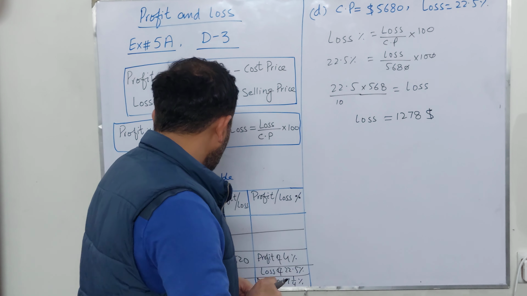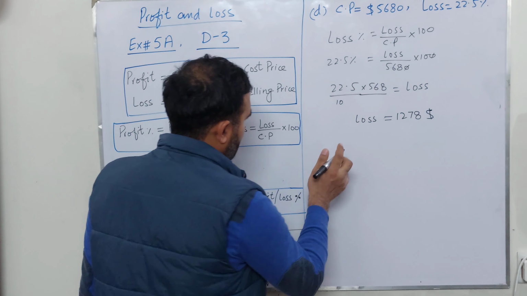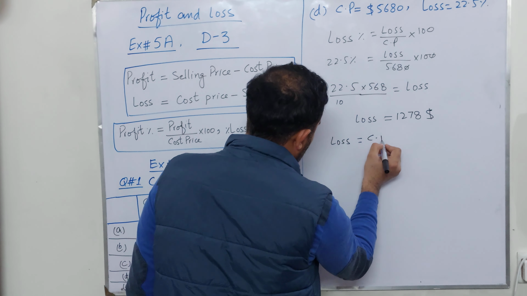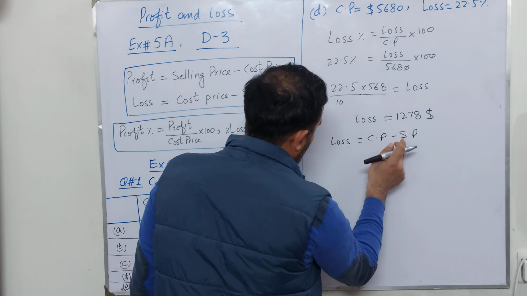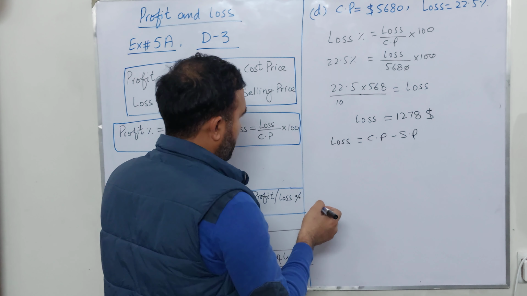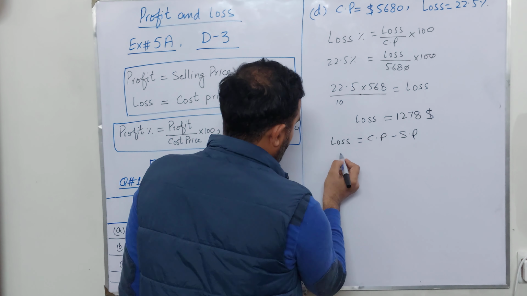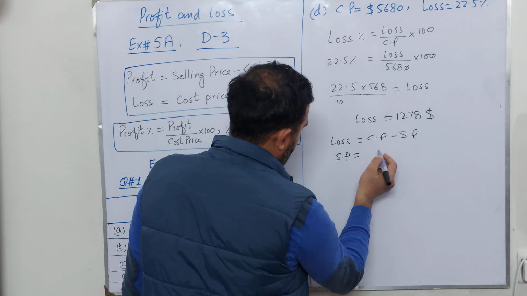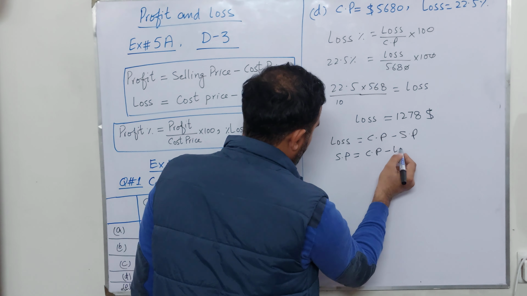Okay, now we can find the selling price. So we have loss is equal to cost price minus selling price, and if we shift the selling price to the other side, it will become plus, and we will shift this loss to this side, so it will be cost price minus loss.